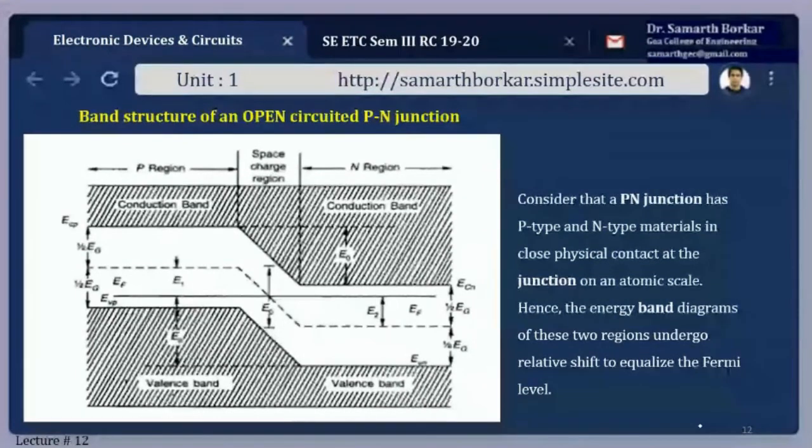Okay, so first of all, we are just dealing with the PN junction. So we are going to have a P-type material and an N-type material. Fine. Next step, we combine the two, P and N. Then this is what is called a junction. So PN junction. Fine. Next, it's open circuited, meaning we are not applying any voltage.